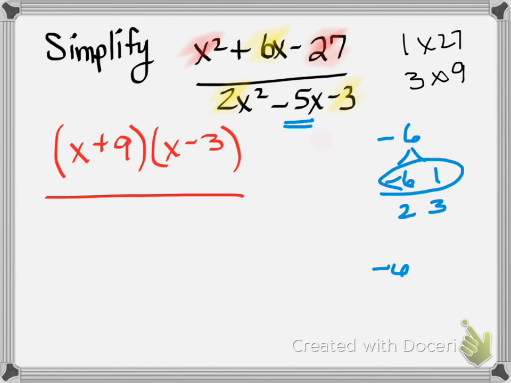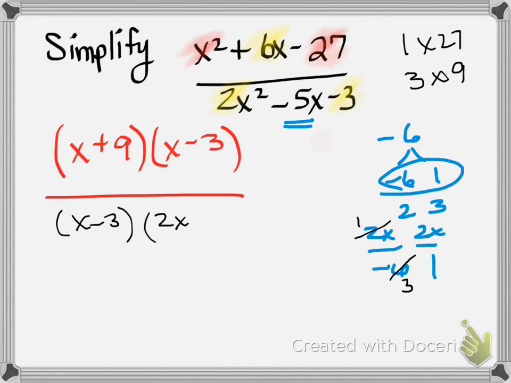What you do with that, write them down, and on top of each, put that front term, which was 2x, and then reduce them so that you can find out what your factors were. You should be able to see that 2 will divide into 2 and 6, which will give you x minus 3, and the other factor, 2x plus 1.